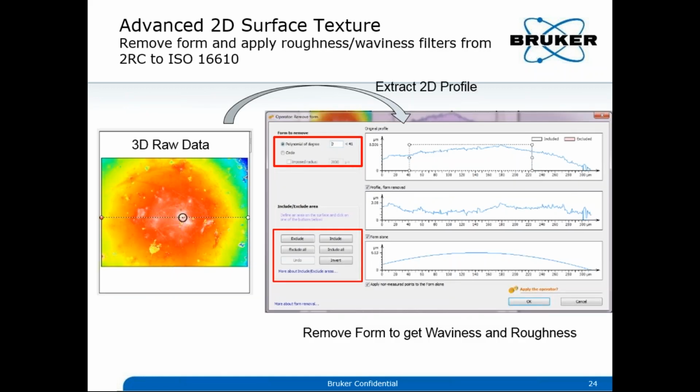We can also do filtering. Should you want to do a surface texture analysis, you can apply a form remover, or you can apply the waviness and the roughness filter to do the analysis, and all these are done by extracting the 2D data from a 3D surface.